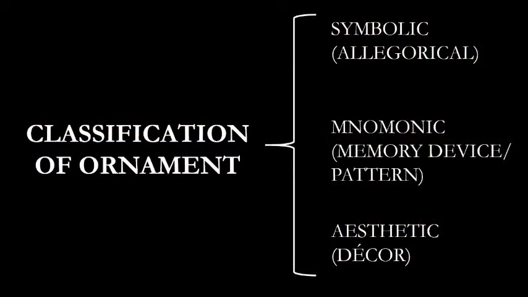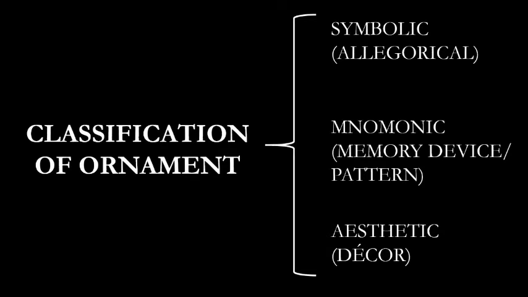So, as we consider when to use ornament, we turn to the varying classifications of it with its respective functions. So, for instance, if we're trying to convey something that is, say, symbolic or allegorical, such as the celebration of a mythico-historical person, place, or event, we turn to ornament to reinforce a building's purpose.